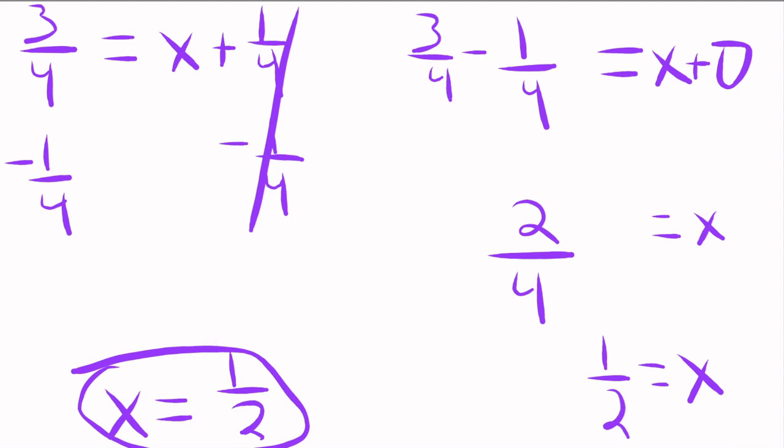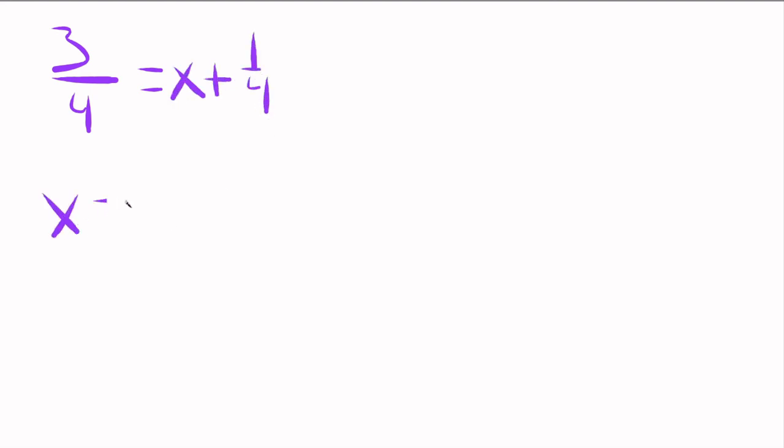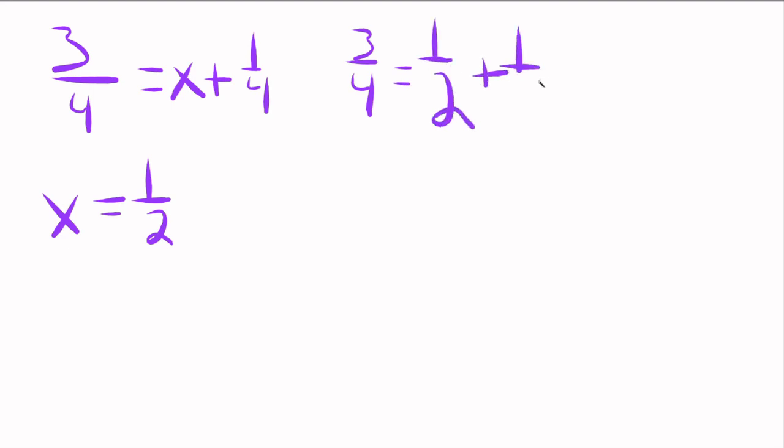I'm going to check that real quick. This is the equation that was given to us: 3/4 equals x plus 1/4. We said x equals 1/2. Let's check that. We have 3/4 equals 1/2 plus 1/4.